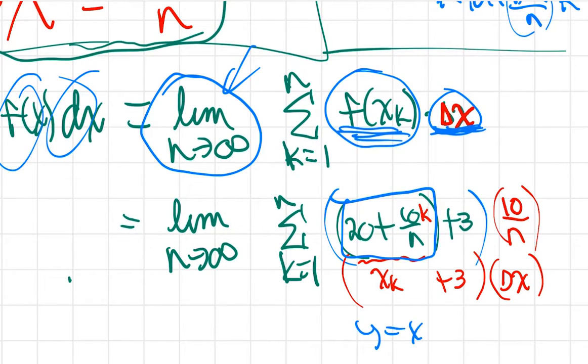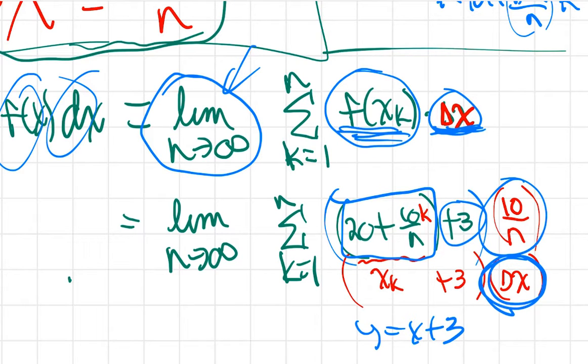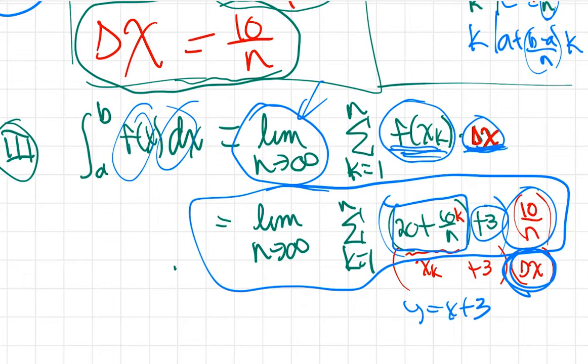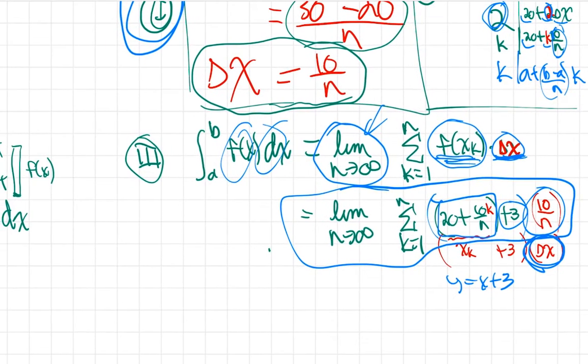So then I've got to add a 3 on the end, and then it's delta x, which we figured out to be 10 over n. And that, folks, is the Riemann sum limit notation for the exact value of the area under that line between 20 and 30.